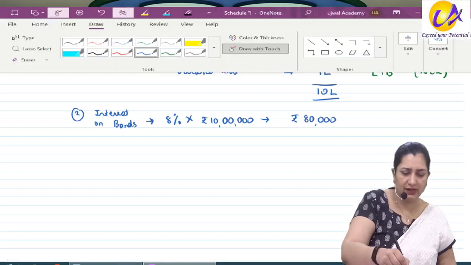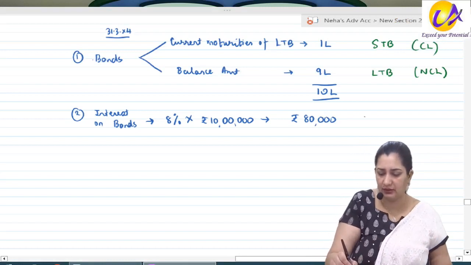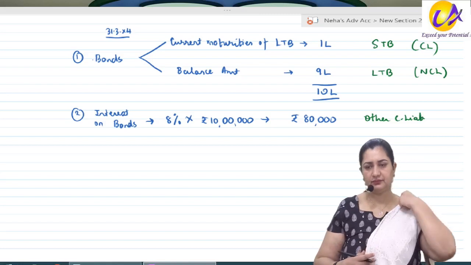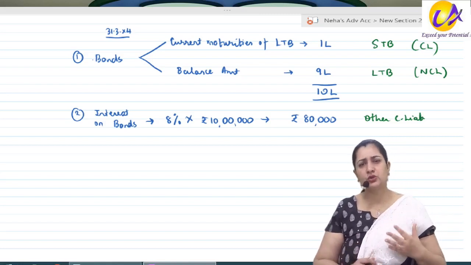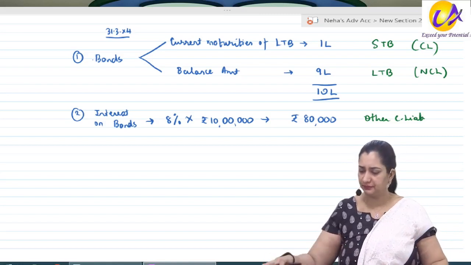So 80,000 where will we show? Under your current liabilities. You can show them under other current liabilities. Interest we don't show under borrowings. Normally interest we will show under other current liabilities. Okay.